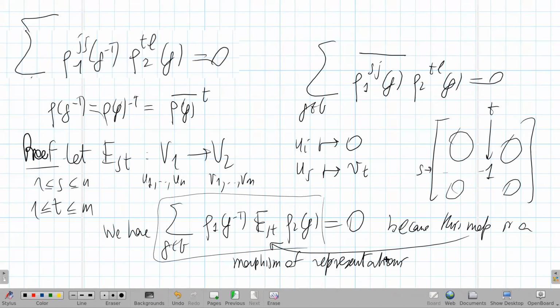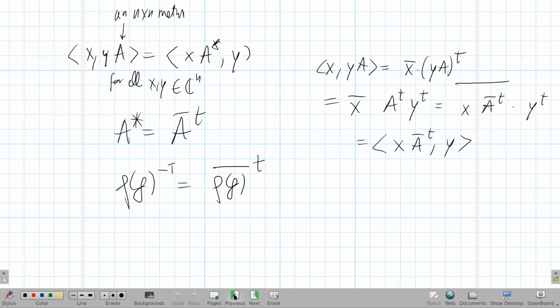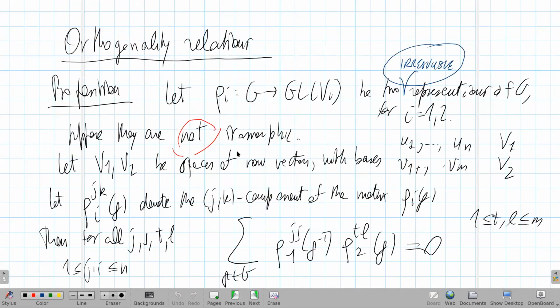The lemma says that the averaging gives you a morphism of representations, but with the condition that I just added, that the two representations are irreducible. Schur's lemma tells you that a morphism between two irreducible representations is either 0 or an isomorphism. My assumption is, let's go back, that these two are not isomorphic.